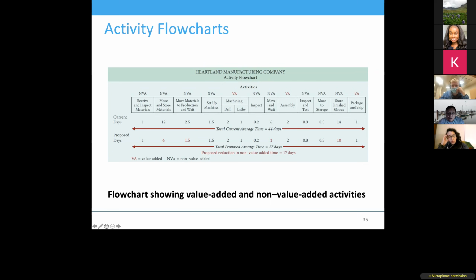But no matter how much time you spend inspecting these materials, it doesn't add any value to the furniture. The value is only that good lumber, the direct materials. The inspection doesn't add value to that product. Does that make sense?